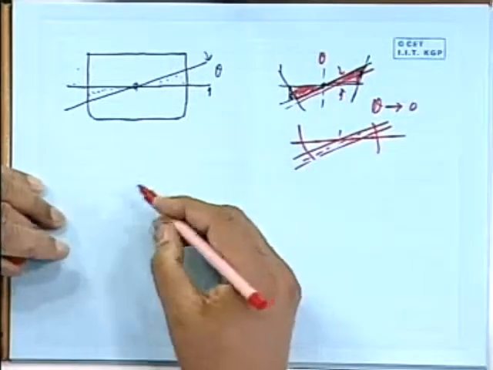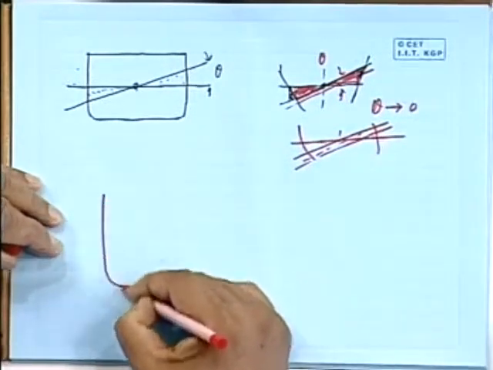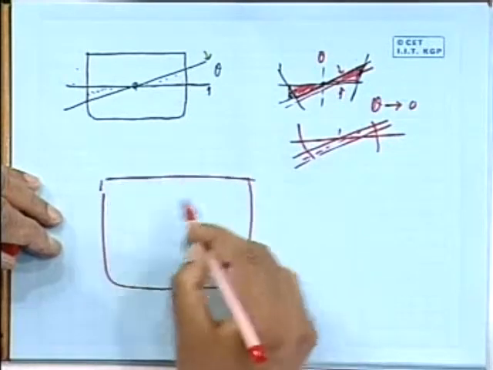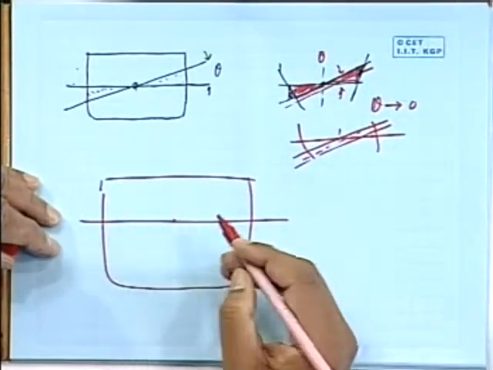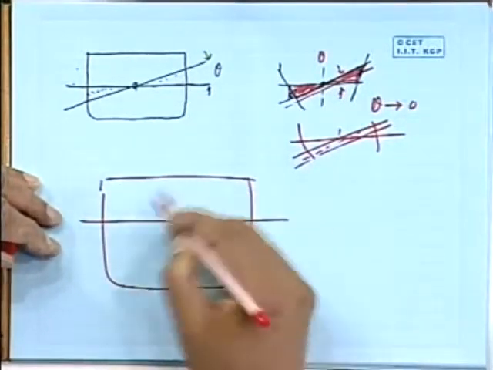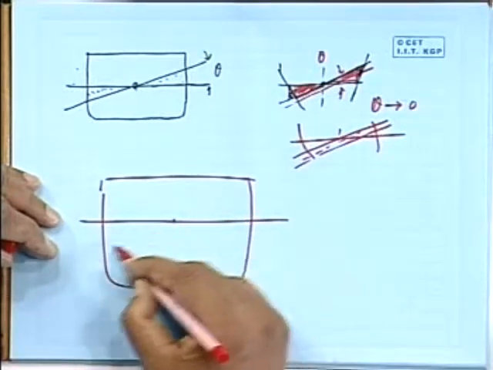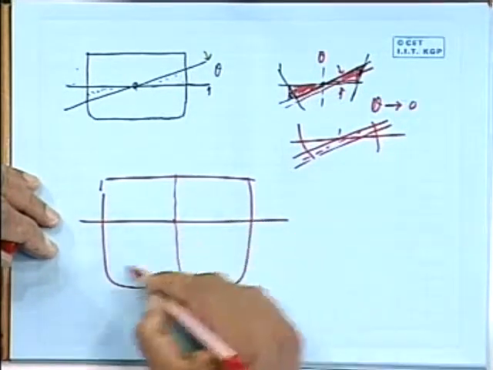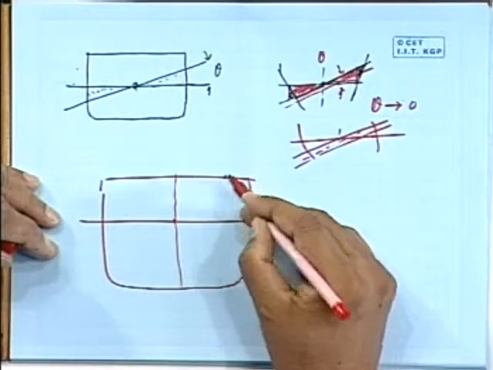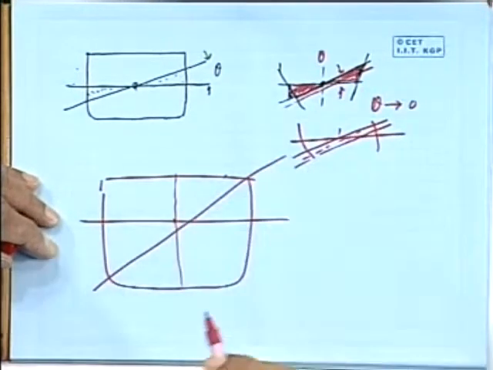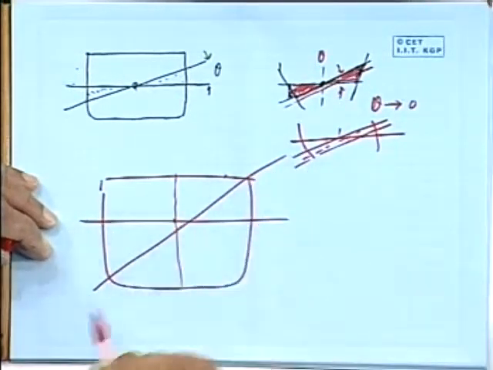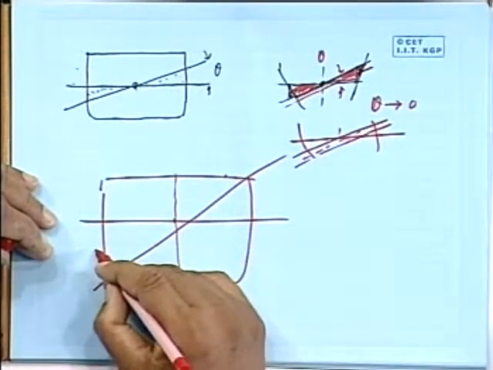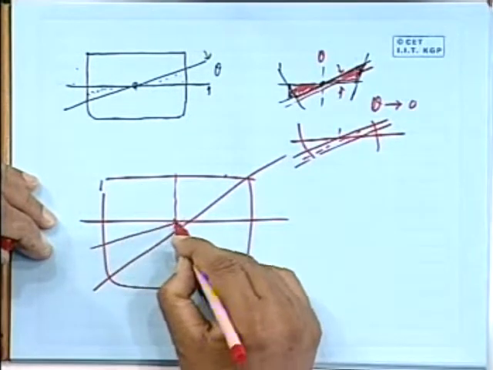Let me draw this in a bigger way. I want to go slowly and make all the points clear. Supposing this line, initially when you incline that, say a large angle, it would probably go something like that, so that this area is the same. But if I make this smaller, you will find that this will come closer to this.